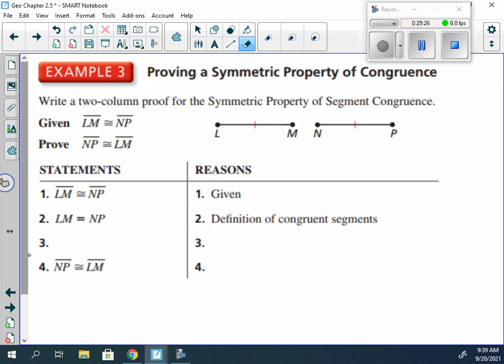NP goes first, yes? Well, I can flip them, yes? And this is going to be equality, but what property says that I can flip it? You're on the right track. Property of, as we're talking about two things being equal.